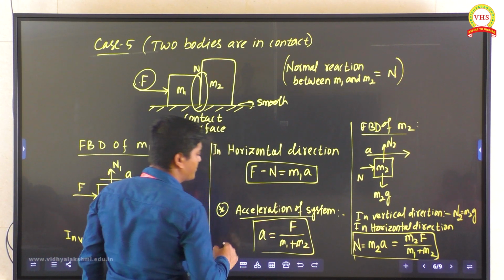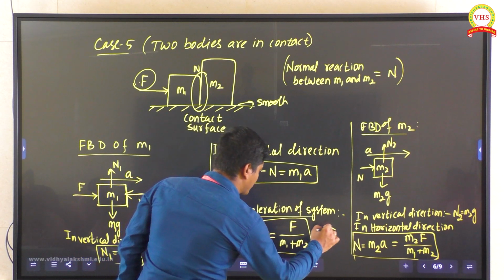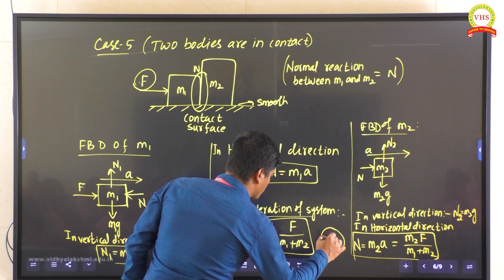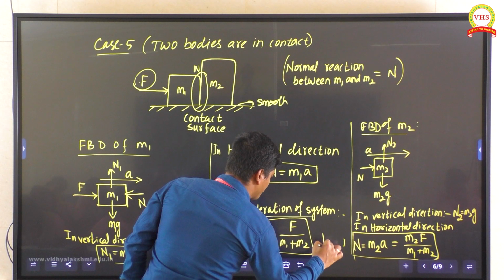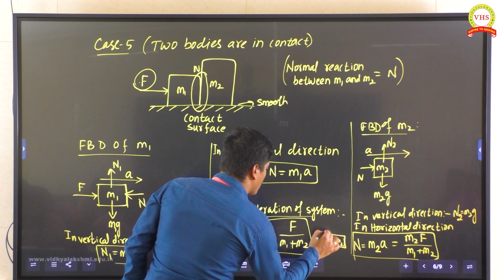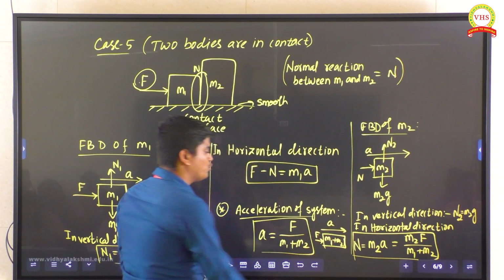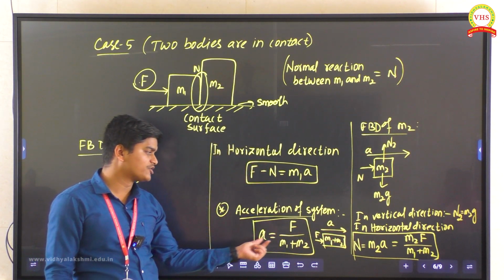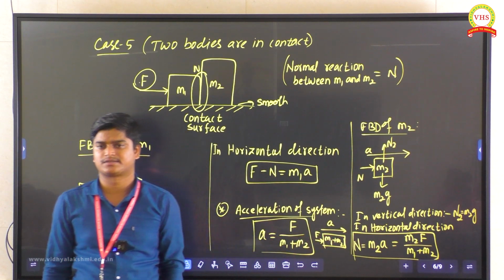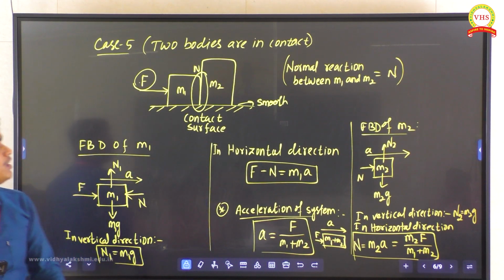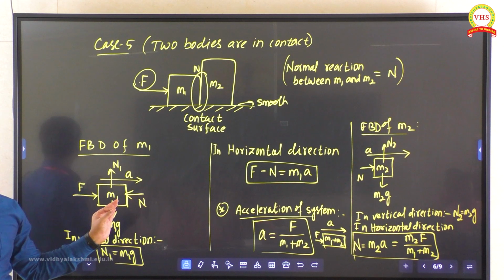You consider the total mass M1 plus M2, moving with A and force applied F, and you write acceleration equal to total force by total mass. Okay. Did everyone understand?